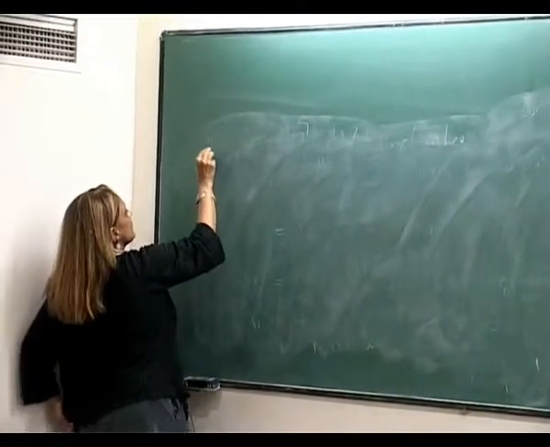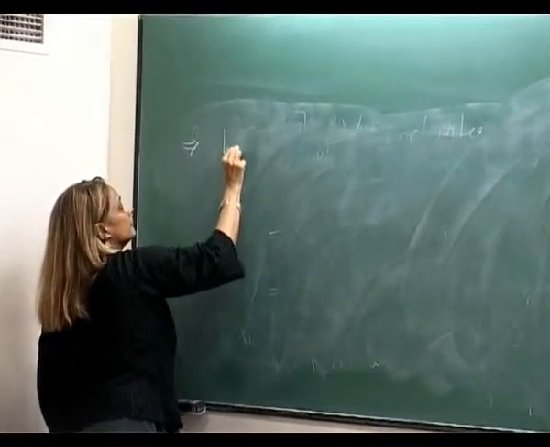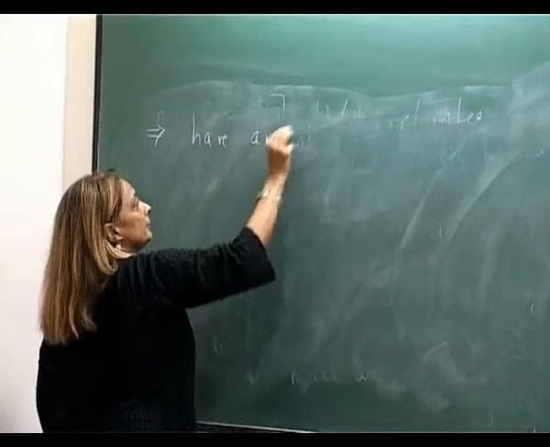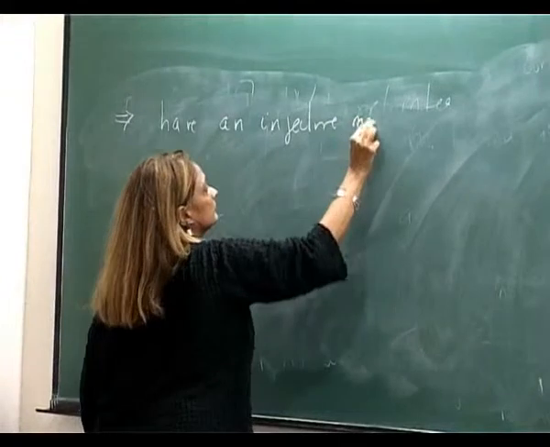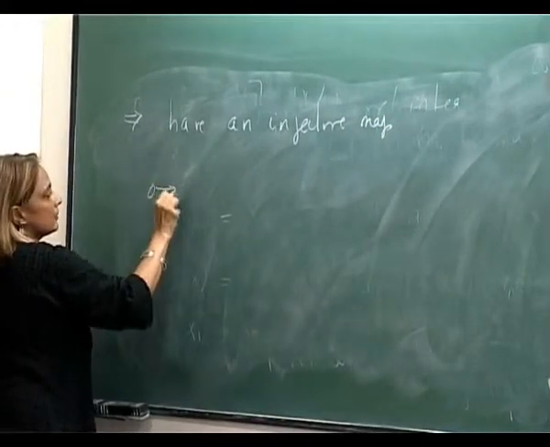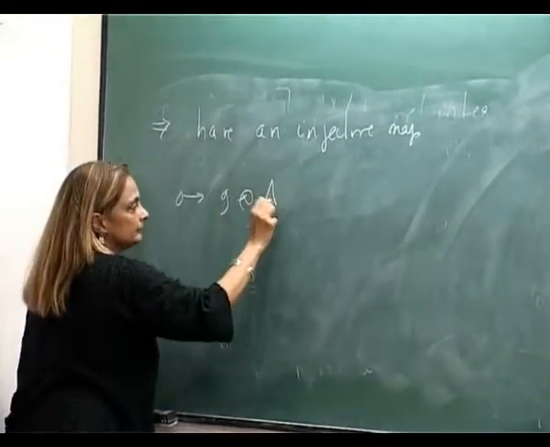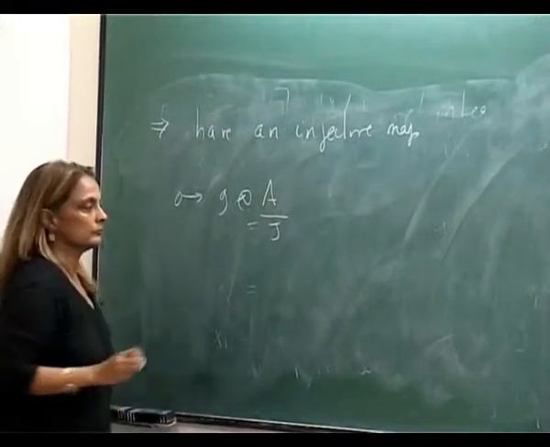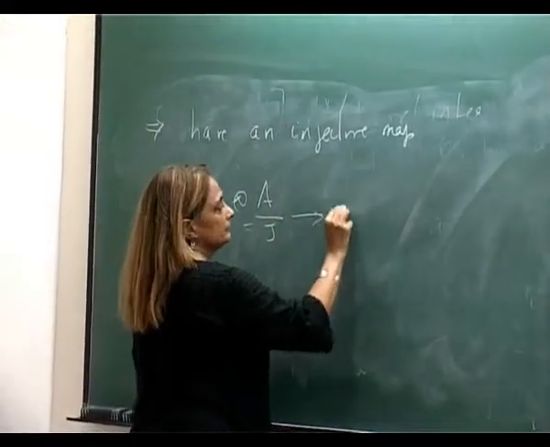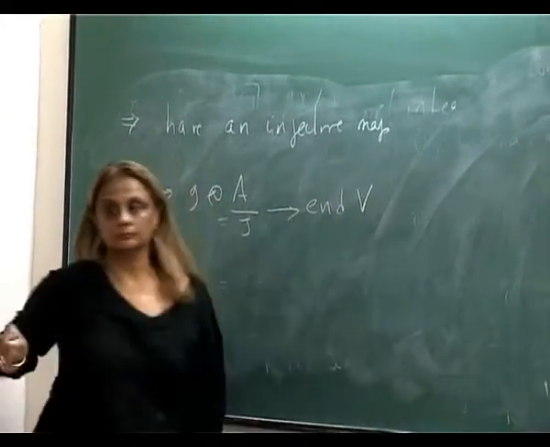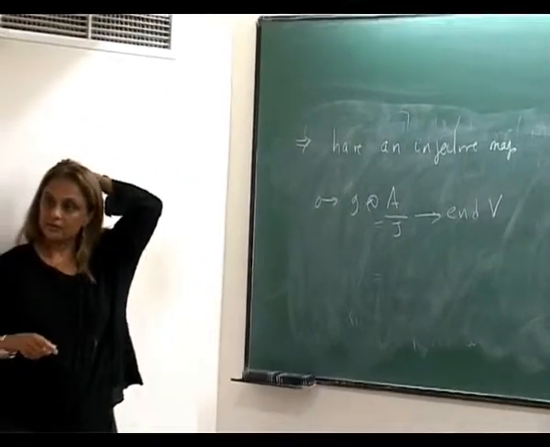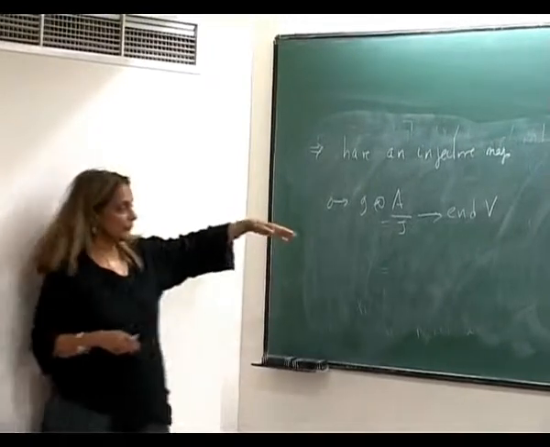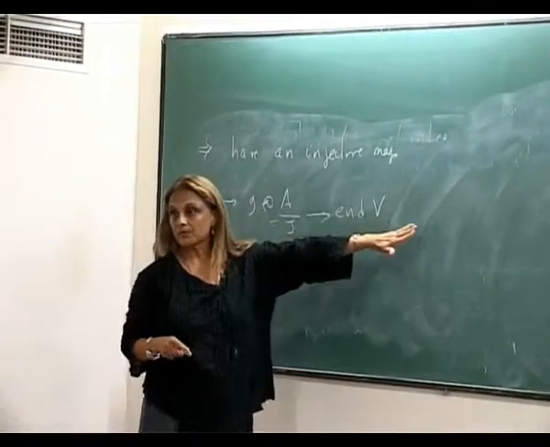So this implies that we have an injective map from G tensor A by J to endomorphisms of V. Because G tensor J went to 0, by the first homomorphism theorem it factors through to give me a representation of this.